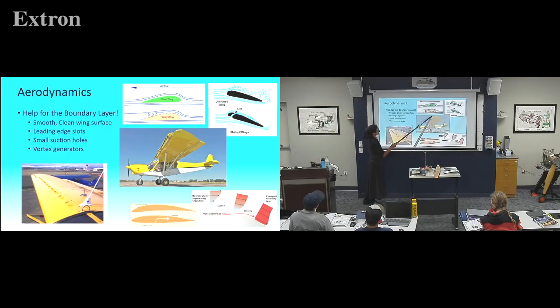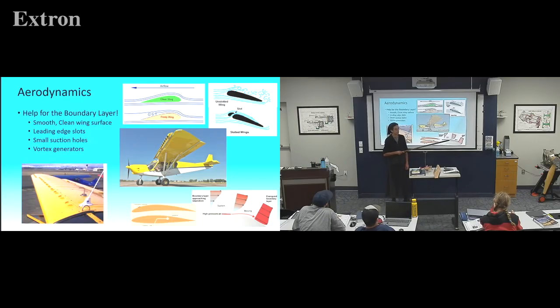What this does, here's our normal wing, air splits, this goes up, bouncy, bouncy. But by having a slot, we're drawing in more of the air that normally would just go under the wing. It might be hard to tell, but can you tell what that looks like that we talked about yesterday?